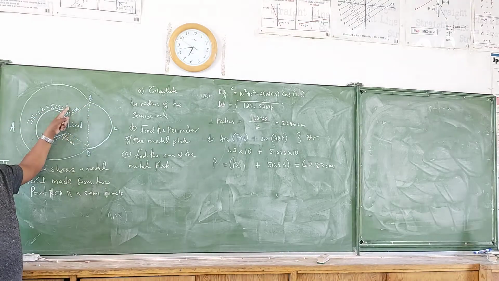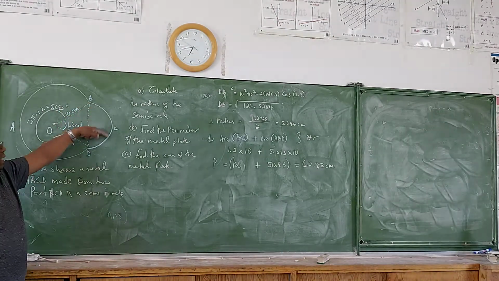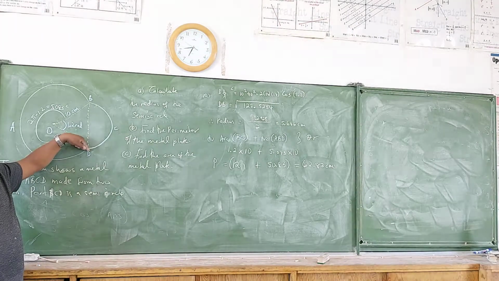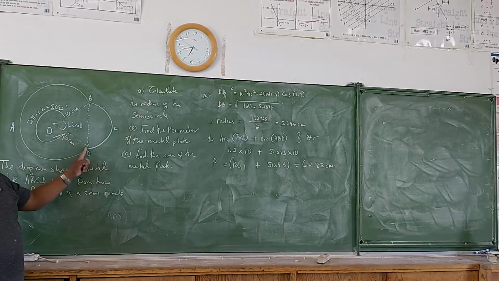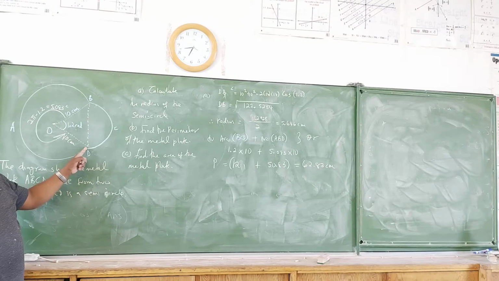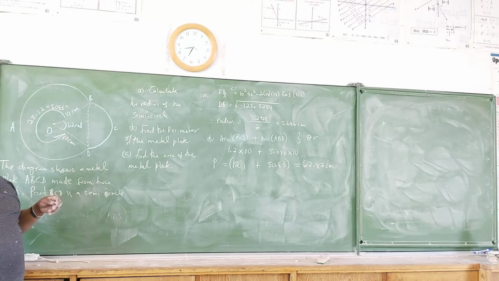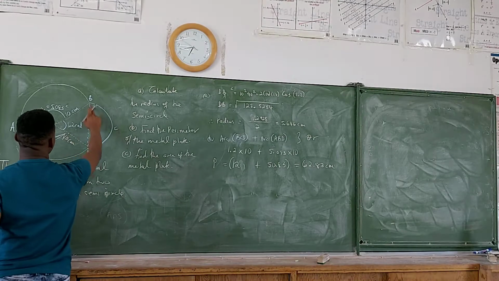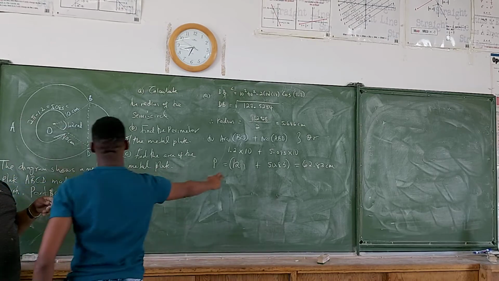Look at the arc length, if we're talking about that, that is 10. If we're talking about that, we're talking about the whole circle. If we close this part, this 12 comes from here.